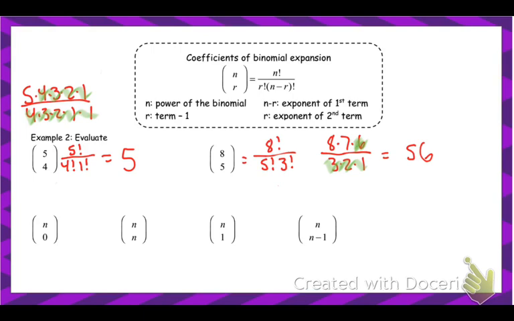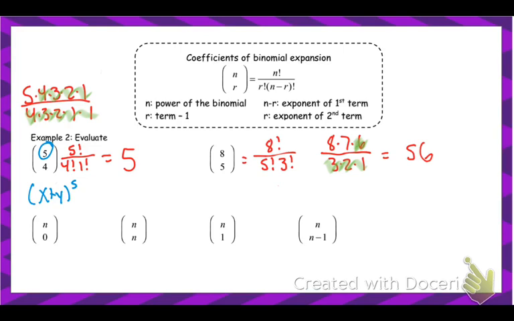All right, so again, this is just evaluating. Now we're going to talk about what this actually corresponds to. The number at the top corresponds to the exponent of that binomial. It tells you at the top, n is the power of the binomial. So if we have an expansion, let's just say it's x plus y to the 5th power, it would be something to the 5th power.